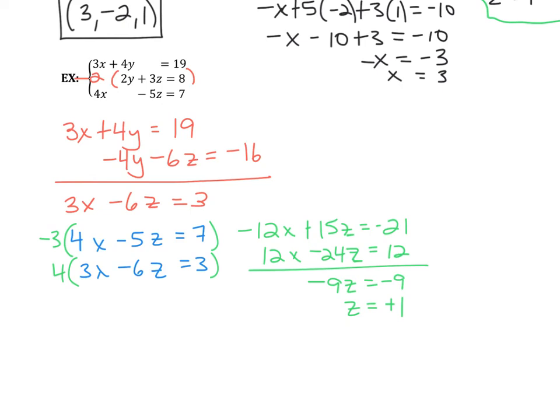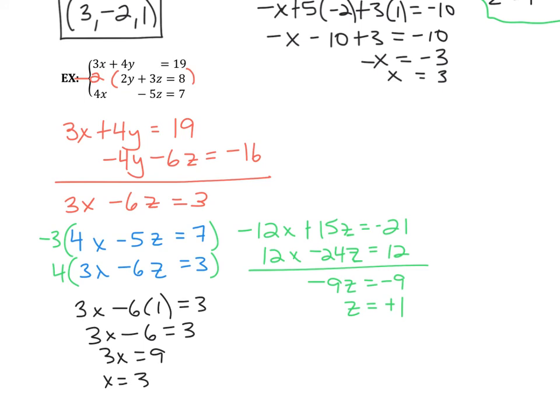So if I continue on here, and you can pick any equation, I'll just pick this bottom one right here. All right, so I'm going to have 3x minus 6 times +1 after I made my correction. 3x minus 6 equals 3. 3x equals 9. So x is going to be equal to 3.